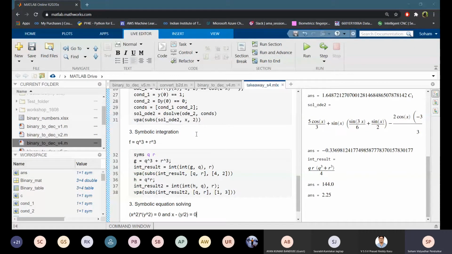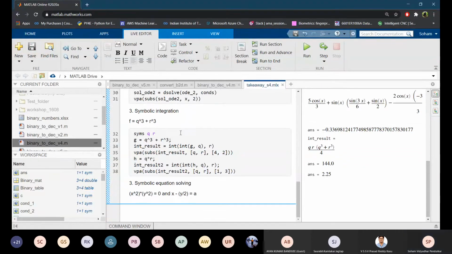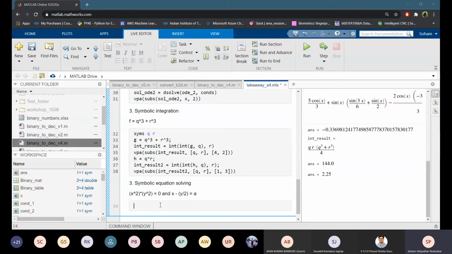So these are the equations that I want to solve. Sorry, not 0, it's some variable a. Essentially, since we are solving it symbolically, you'll get what I'm saying here. The best idea would be to switch to a new MLX because I'm running out of variables.